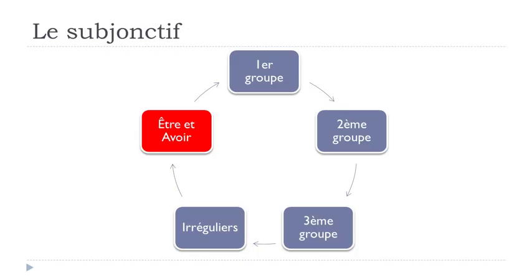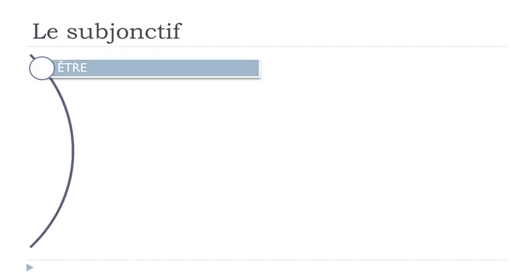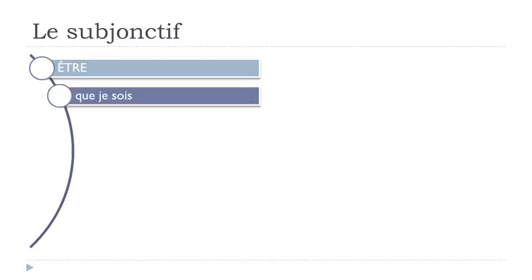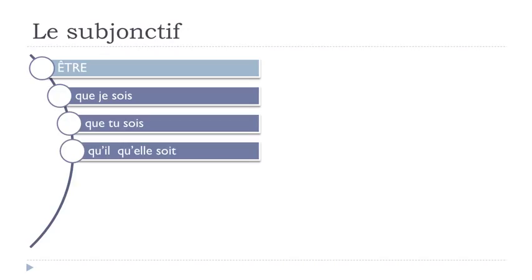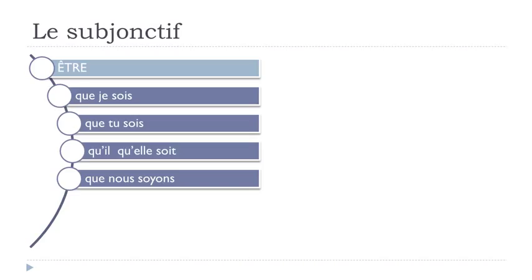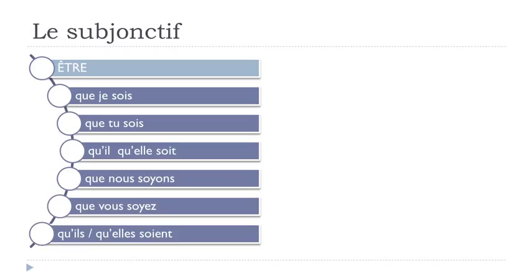And of course, we'll finish with être and avoir because they are usually quite tricky. Être, to be, will give you at the subjonctif: que je sois, que tu sois, qu'il soit, qu'elle soit, que nous soyons, que vous soyez, qu'ils soient, qu'elles soient. As usual, the good news is that sois and soit you write differently, but you pronounce them the same way.